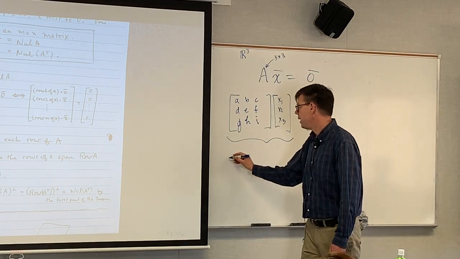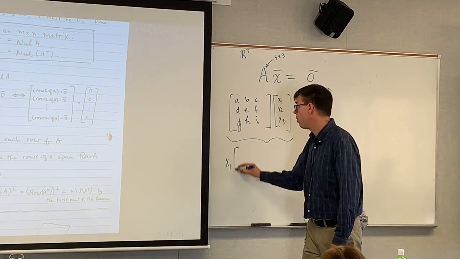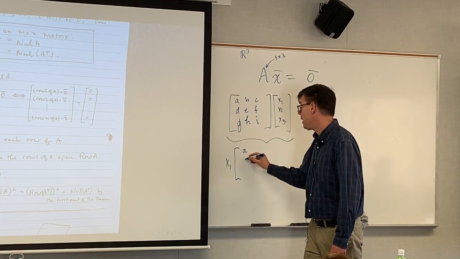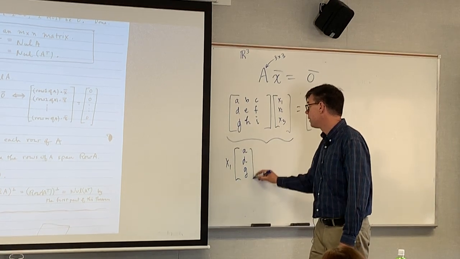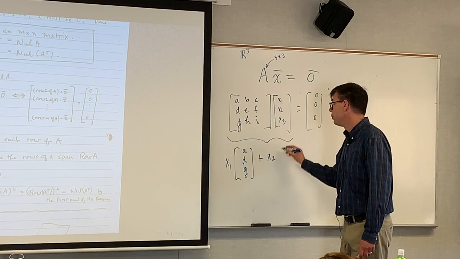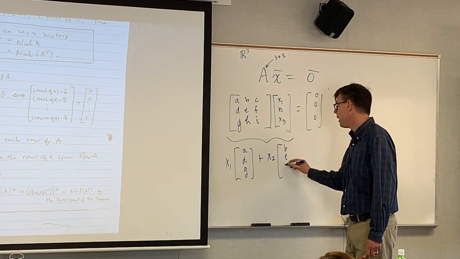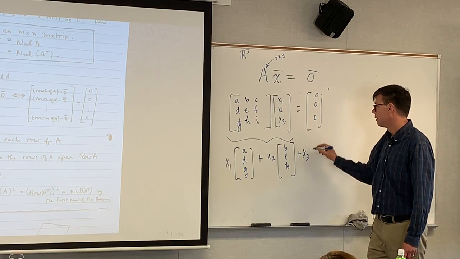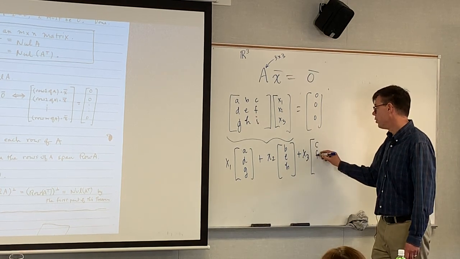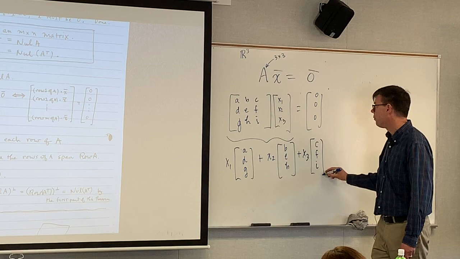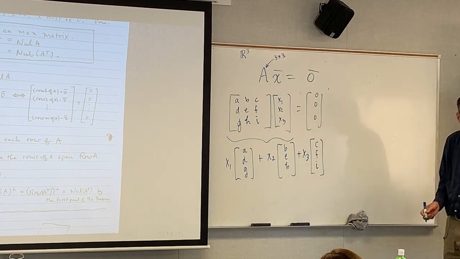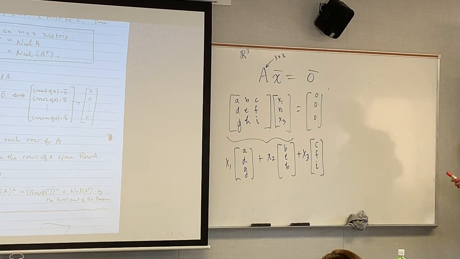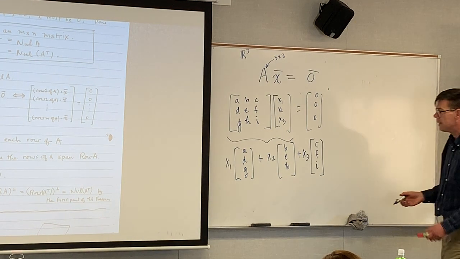This multiplication can be thought of as x1 times the column vector a, d, g, plus x2 times b, e, h. This isn't the only way to think of this, but we're used to doing this, right? When we take A times X, we're taking a linear combination of the columns of A with the components of X as weights.